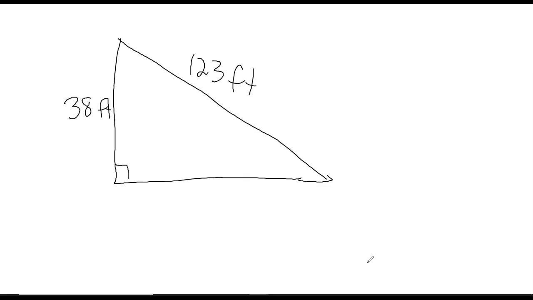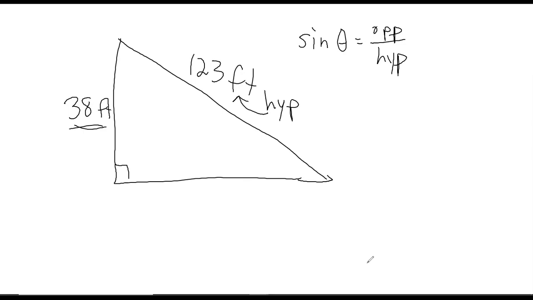To the nearest 10th of a degree, what are the sizes of its angles? Well, I know that sine of an angle is the opposite over the hypotenuse. And I've got a hypotenuse here. This is our hypotenuse. It told us 123 feet. So if I want to find theta now, I need to know the opposite. Which angle is opposite to 38 feet?